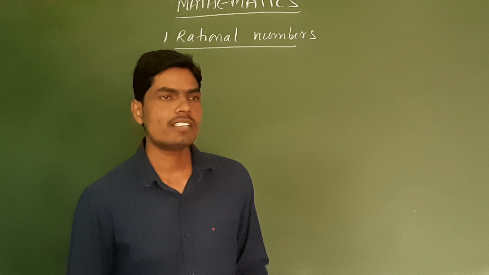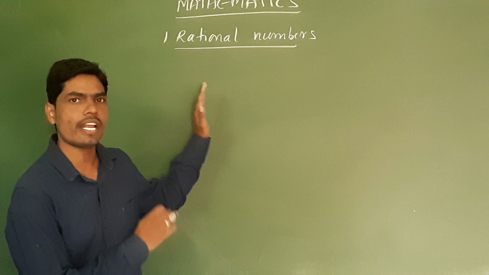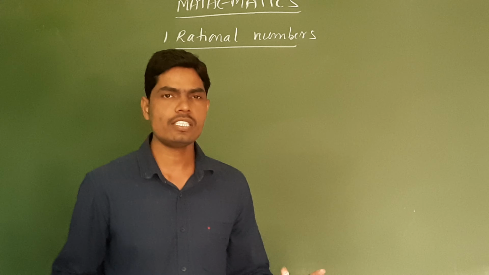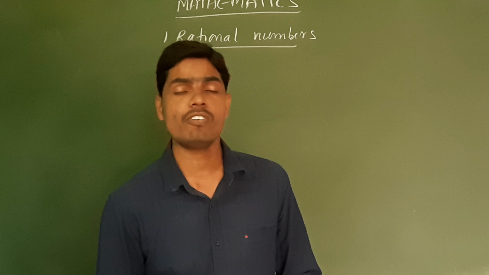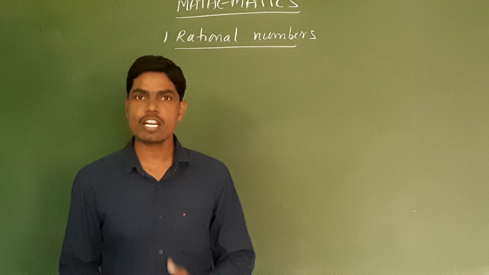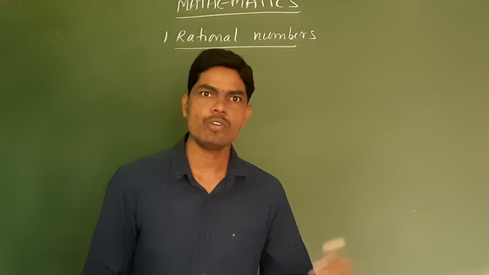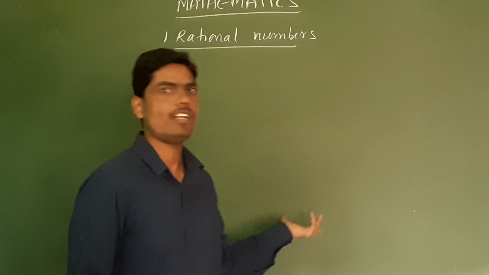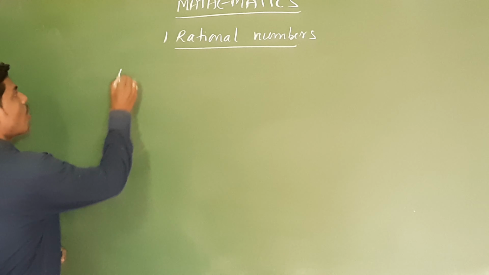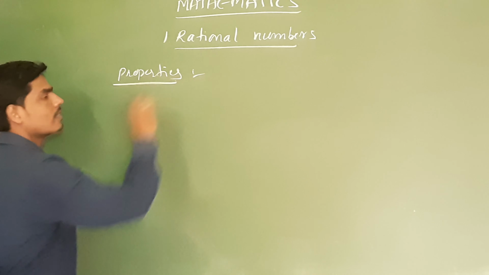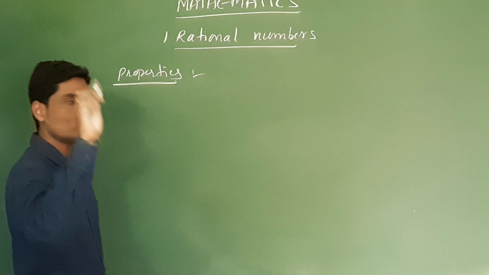Next, in the learning process of rational numbers, the next concept is properties. These play a major role in mathematics. Without knowing, we are using these properties. What properties? How do you learn? We'll take care now. First property is the closure property.